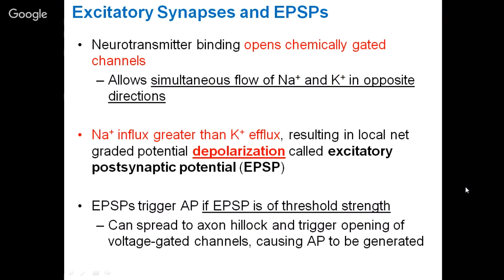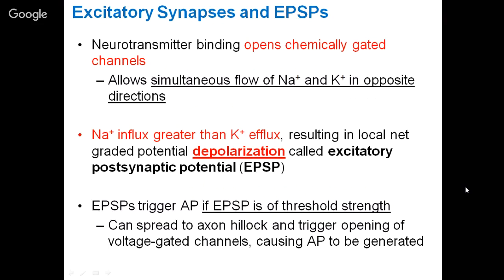So sodium influx is greater than potassium efflux. Efflux means going out, resulting in a local net graded potential, which we call depolarization, and that's called an excitatory postsynaptic potential. So sodium ions moving into the postsynaptic membrane cause the depolarization.